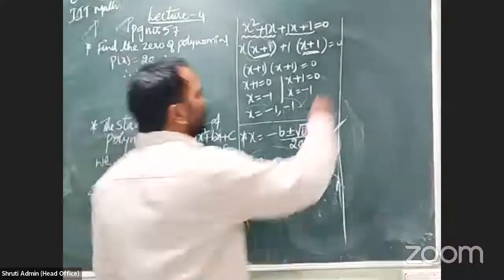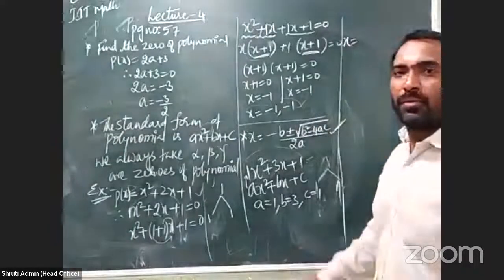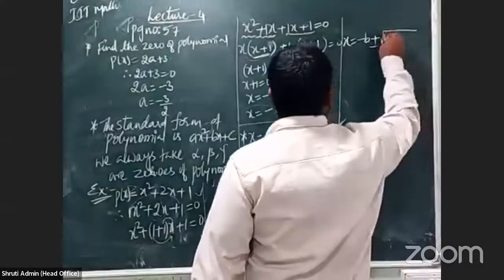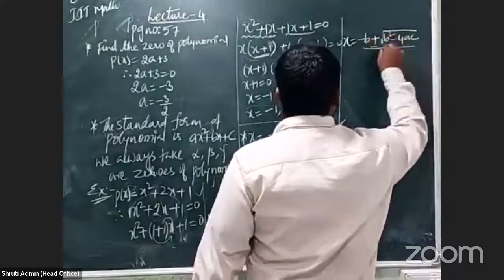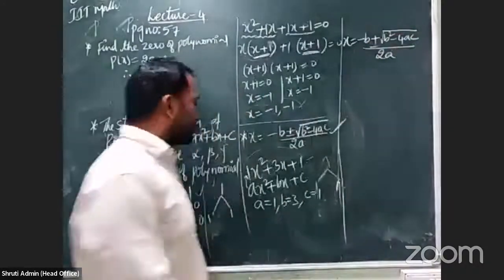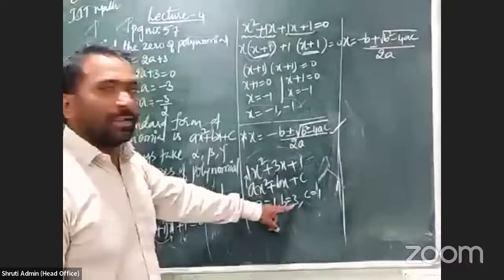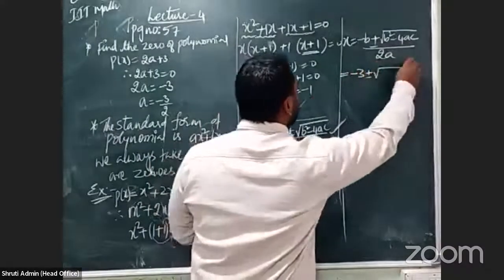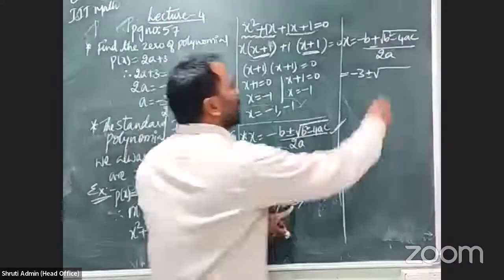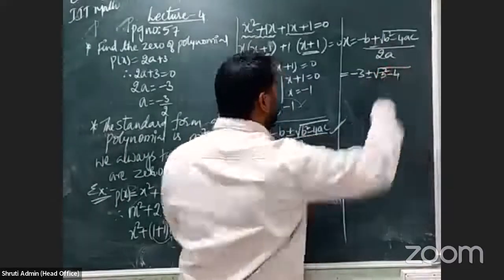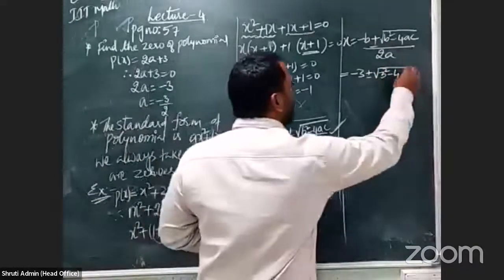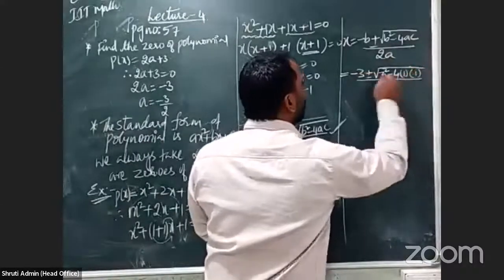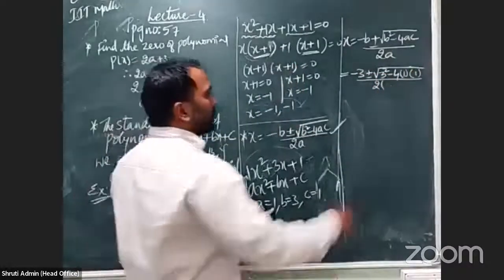Now you apply the formula: x is equal to minus b plus or minus root b square minus 4ac, by 2a. Here b is 3, so minus b becomes minus 3, plus or minus root of 3 square minus 4 into a, which is 1, into c, which is 1, by 2a, where a is again 1.